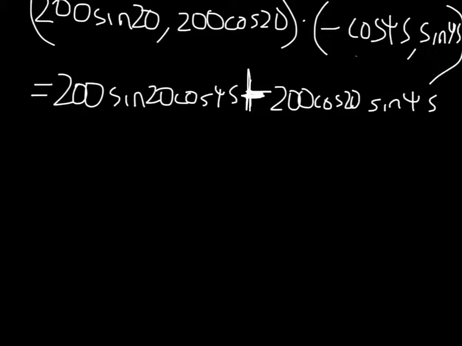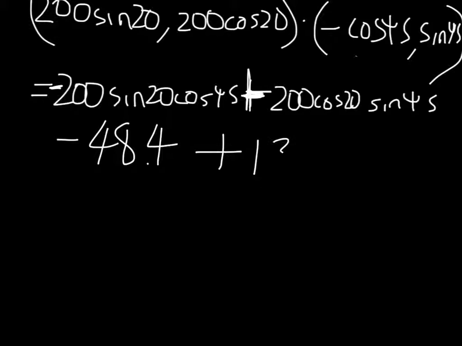You get 200 sine of 20 times cosine of 45, so negative 48.4, plus 132.9 newtons. That's the force of the rope with respect to the bar.